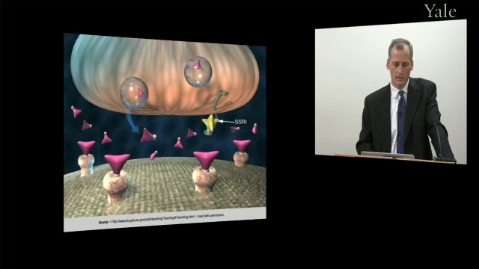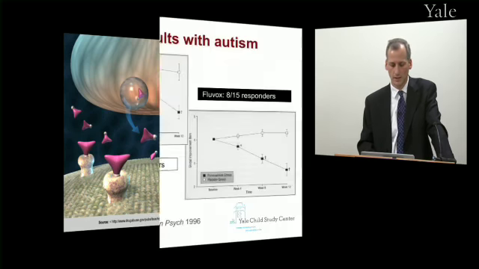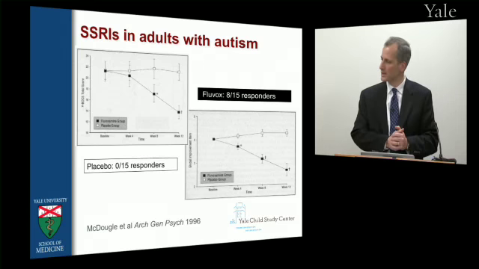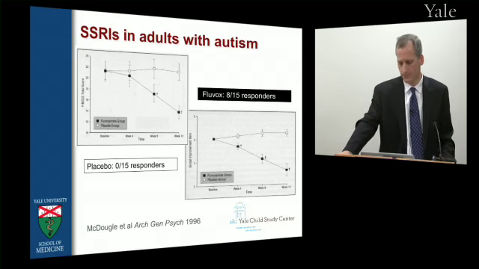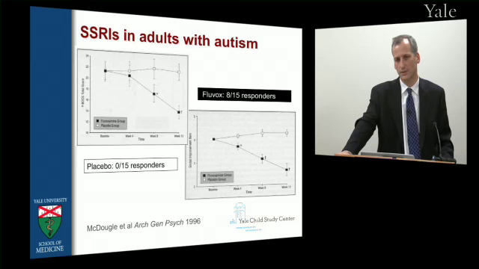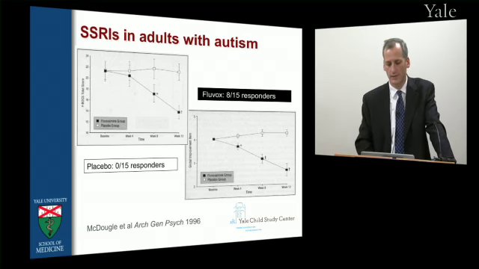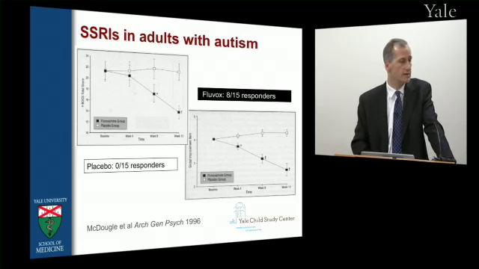Now, there's a range of these medications, the most common one, of course, being Prozac or fluoxetine. As I had mentioned, there was some preliminary evidence done in the 1990s by our colleague Chris McDougall, who's now at Indiana University, working with adults with autism, showing that adults treated with this particular SSRI called fluvoxamine, which is a first-degree cousin of Prozac, improved quite substantially in their repetitive behaviors.